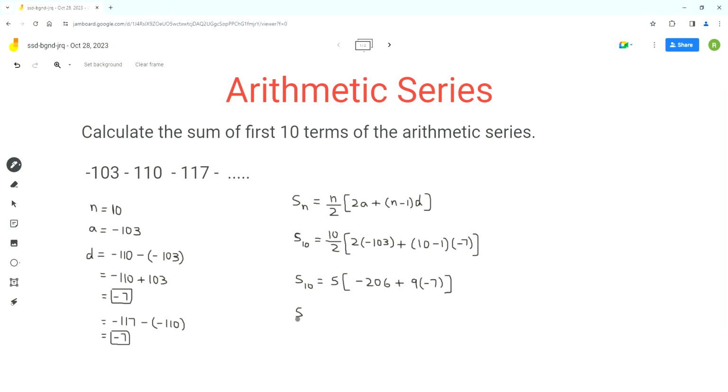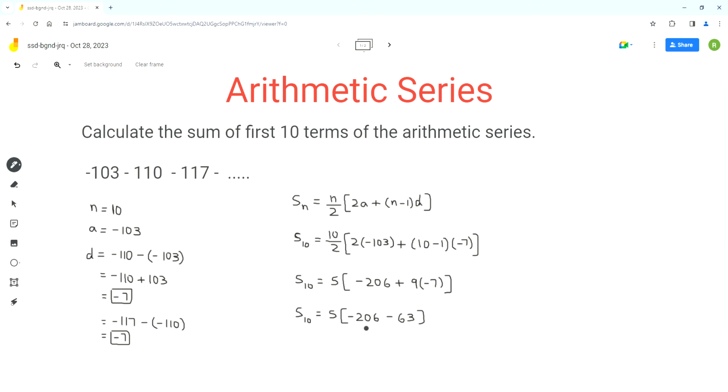In the next step, we simplify the terms in the brackets. First we multiply 9 times negative 7, so negative 206 minus 63. 9 times negative 7 is equal to negative 63.